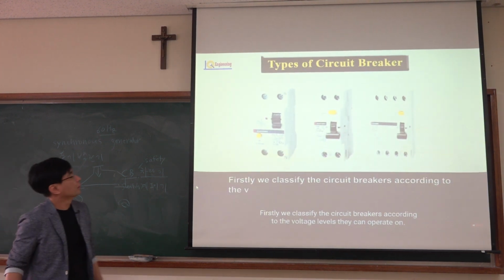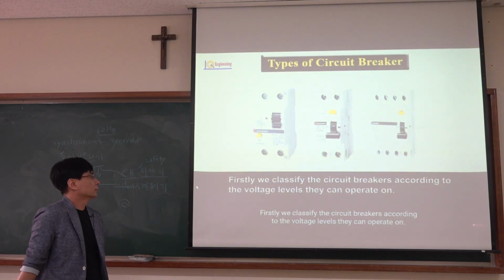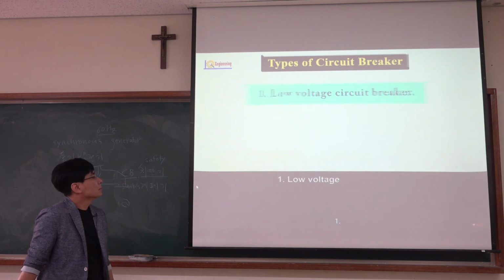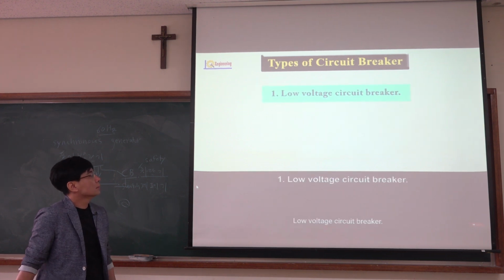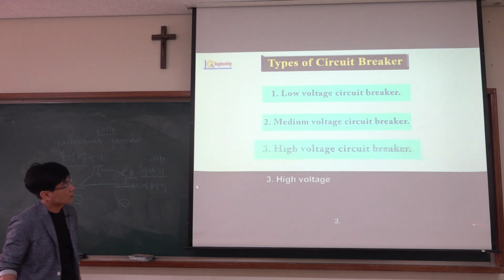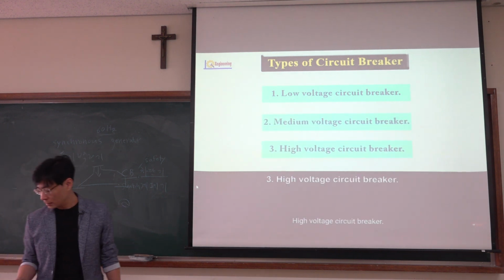Firstly, we classify the circuit breakers according to the voltage levels they can operate on. So there are three most used types of circuit breakers in this category. Number 1, low voltage circuit breaker. Number 2, medium voltage circuit breaker. Number 3, high voltage circuit breaker.